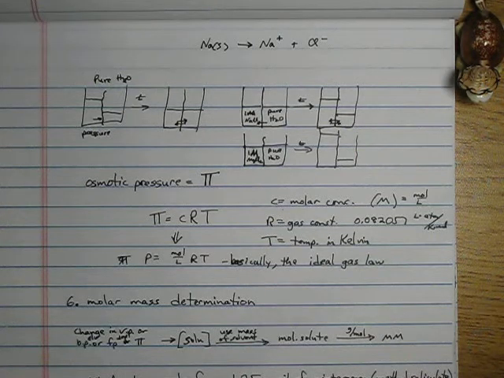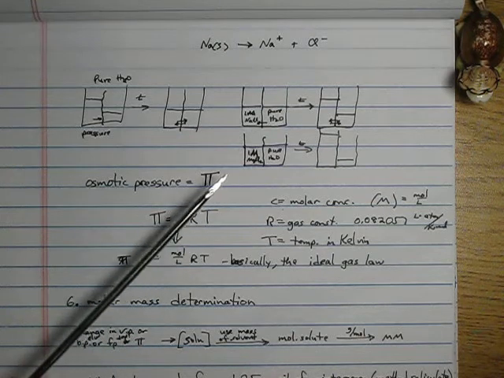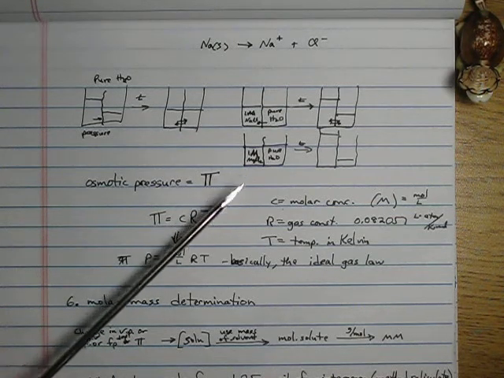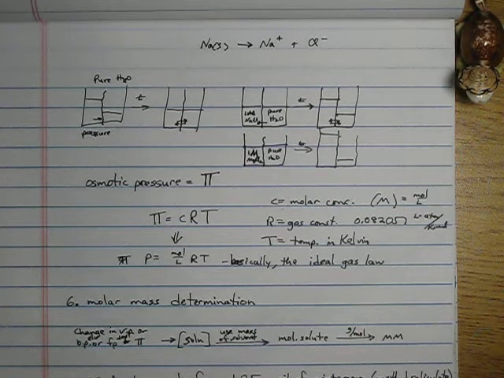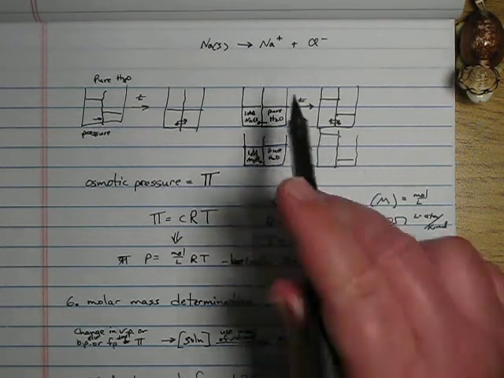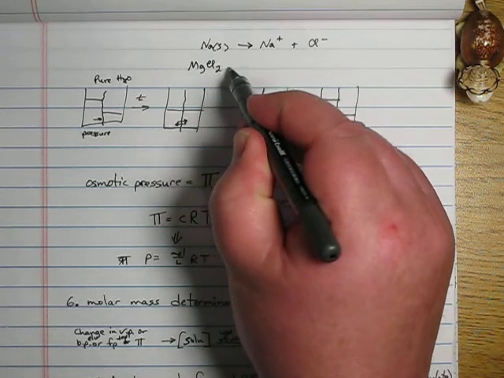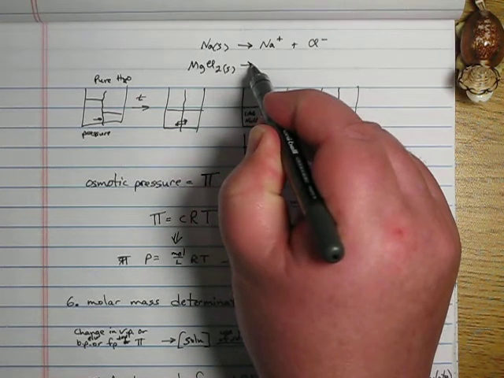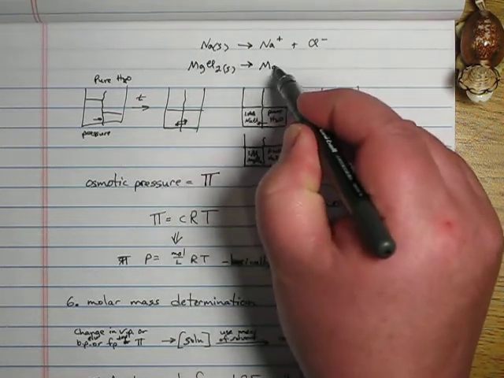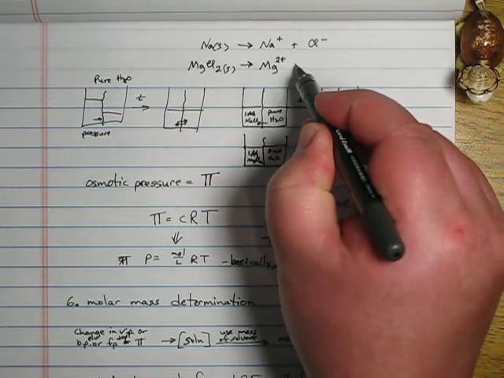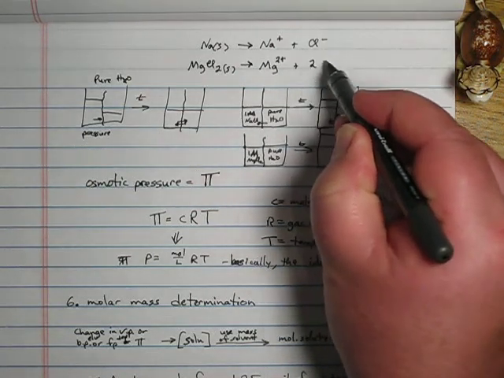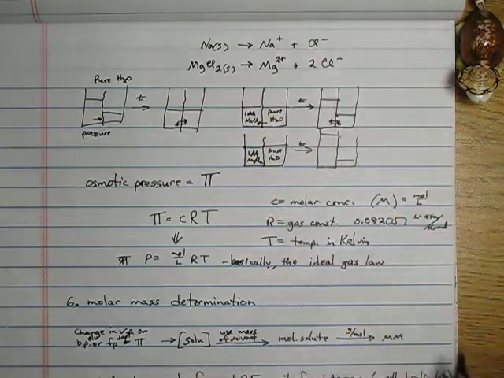What would happen, though, if we ran the same experiment here, but instead of sodium chloride, let's put in magnesium chloride in here? Well, when we put in magnesium chloride, MgCl2 solid, it dissolves in water, but note, it will dissolve into 1 Mg2 plus and 2 Cl minuses.